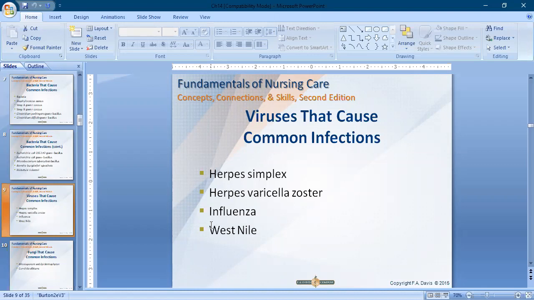So the last one in this space, West Nile. West Nile is a virus, and they also need standard precaution or universal precaution. Another most common disease is called pneumonic plague. Pneumonic plague is droplet precaution.